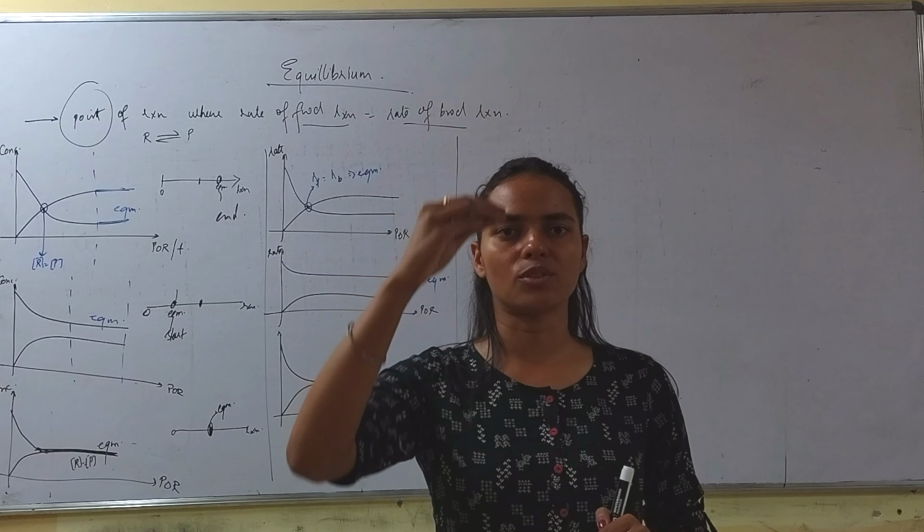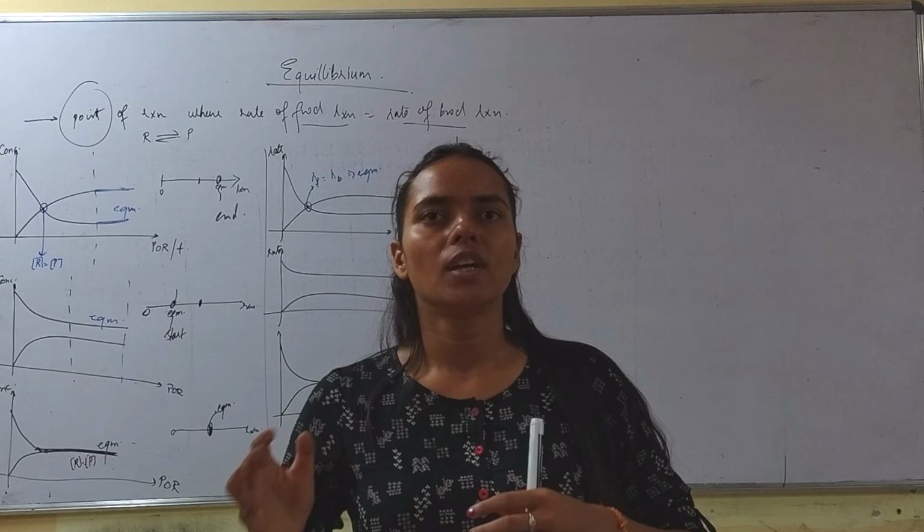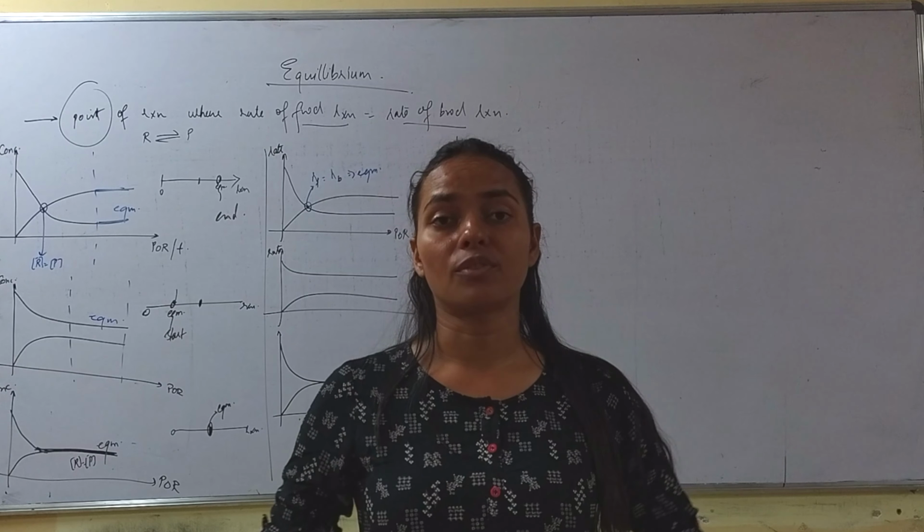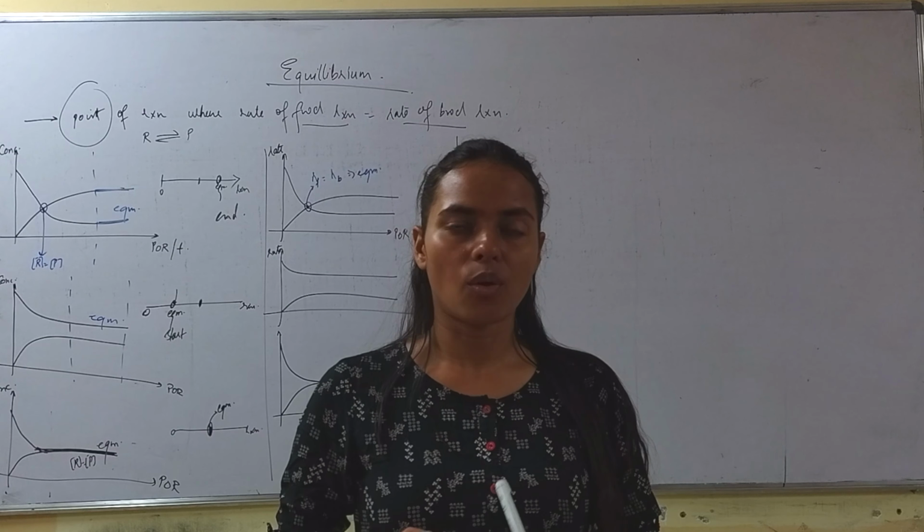So, in the physical equilibrium, it is only the physical states that are involved, where the rate of sublimation is equal to the rate of crystallization, or the rate of evaporation has become equal to the rate of fusion, right?